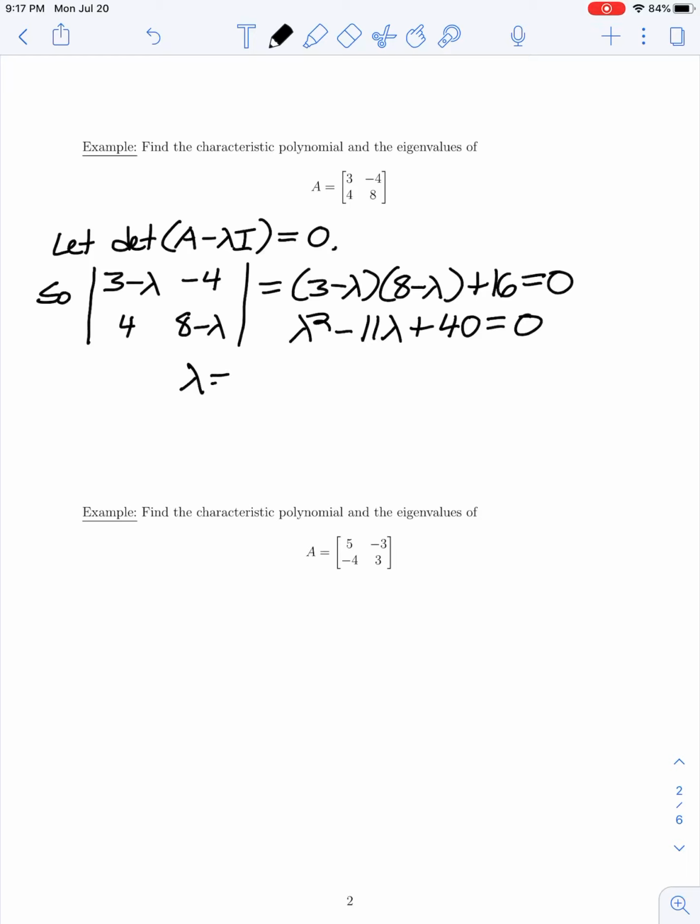So here we could take lambda as positive 11 plus or minus the square root of 11 squared, which is 121, minus 4 times a times c. So in this case, 4 times 40, or 160, all over 2a, in this case 2.